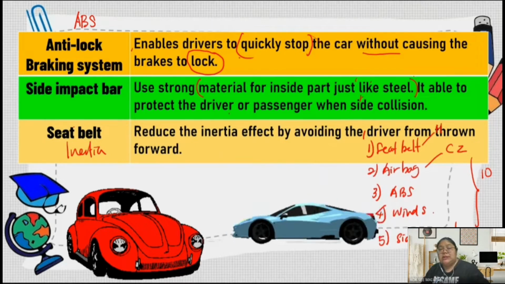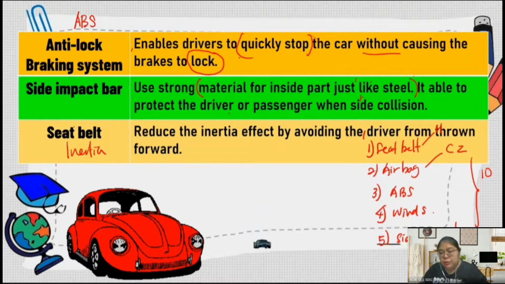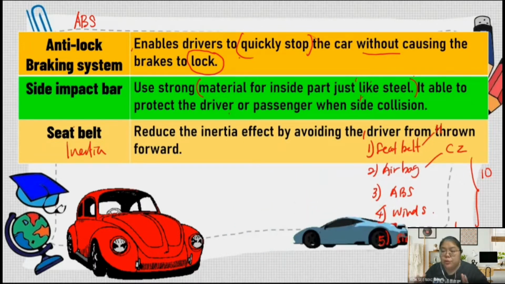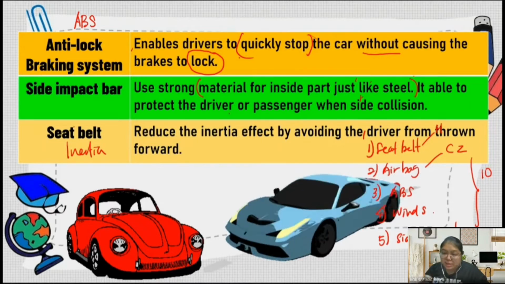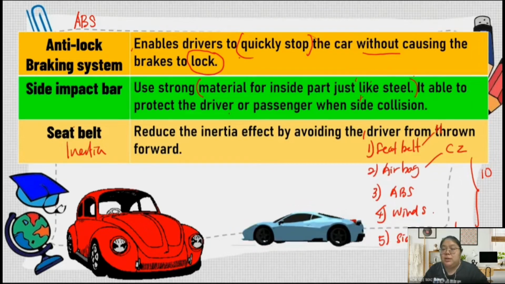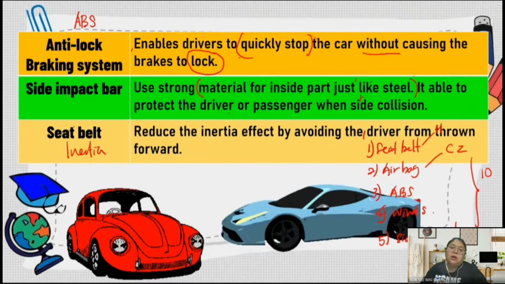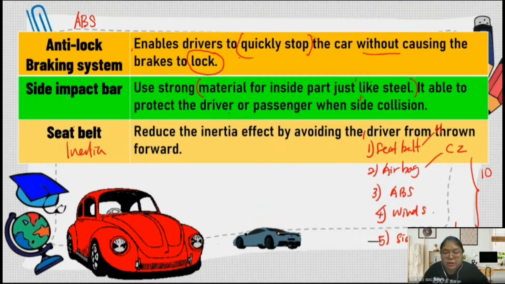So this is a skill for how we answer the essay question. It's better not to repeat. If you have no choice, you repeat, but don't copy the sentence exactly the same. Change some of the words you want to put in. So this one is safety by using the impulsive force and also the inertia.